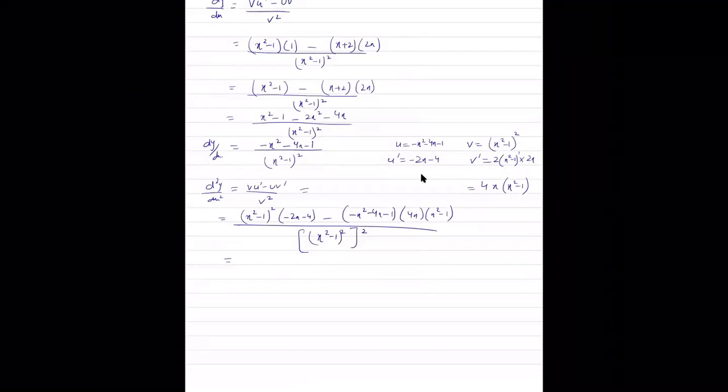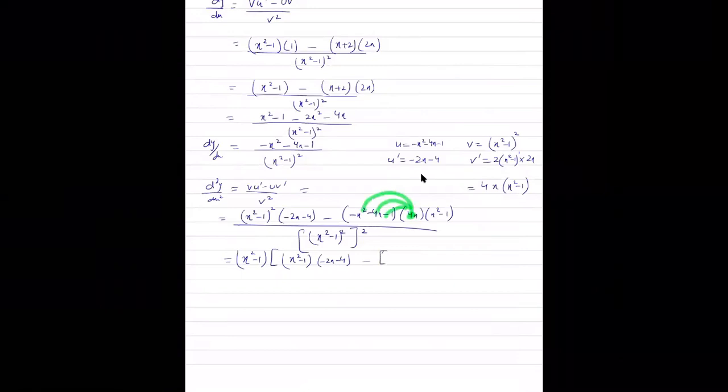So to solve this further, if I take x squared minus 1 common out, I'm going to be left with (x squared minus 1) times (minus 2x minus 4) minus... I can multiply this 4x with all the terms.